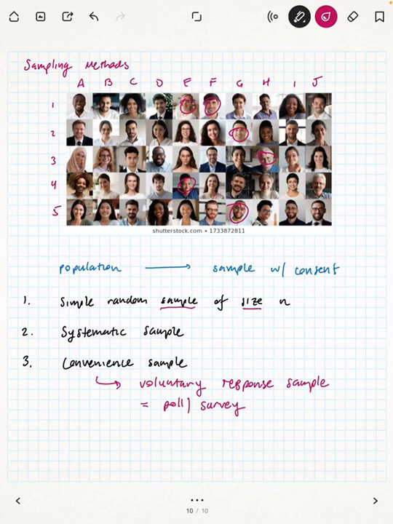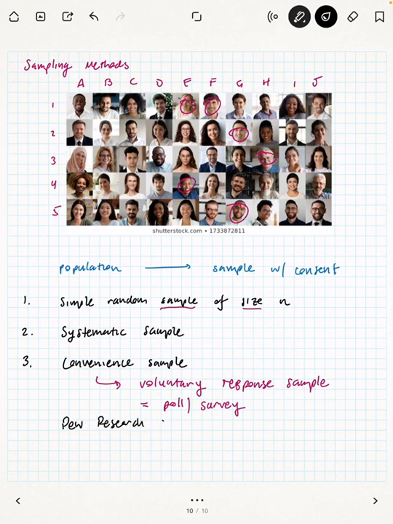There are some organizations that have really robust statistical designs where they can do convenience sampling, polls, and surveys. One really critical example is the Pew Research Center.